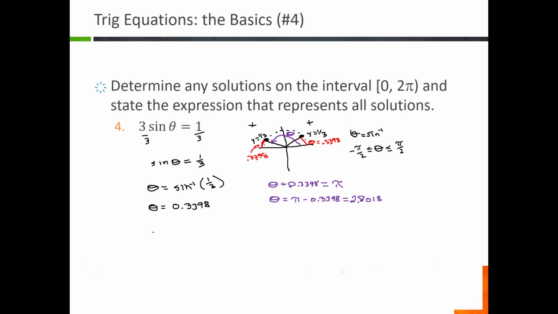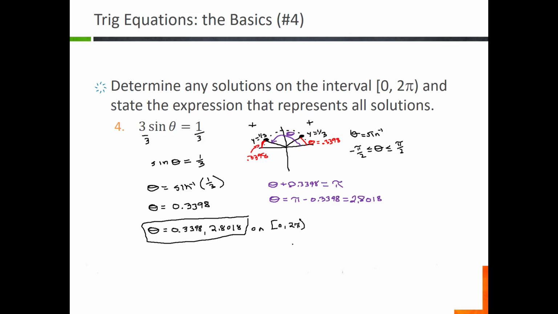We know theta will have two answers, either 0.3398 or 2.8018. And again, those are the solutions only on the interval from 0 to 2 pi.